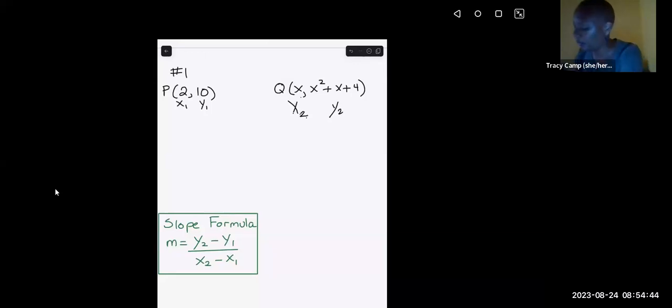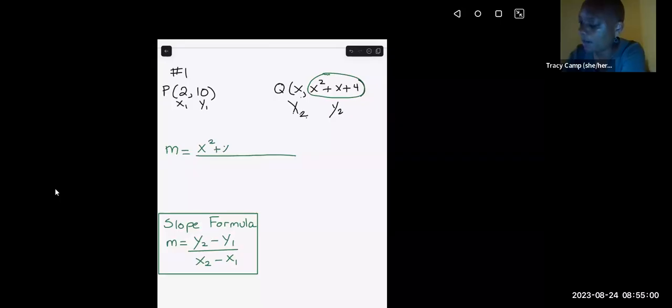And then entering all this into the slope formula, we'll have our slope is our y2, which is all of this, x squared plus x plus 4, minus our y1, which is the 10, over our x2, which is just x, minus our x1, which is 2.